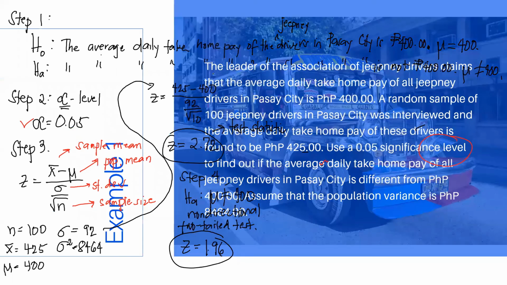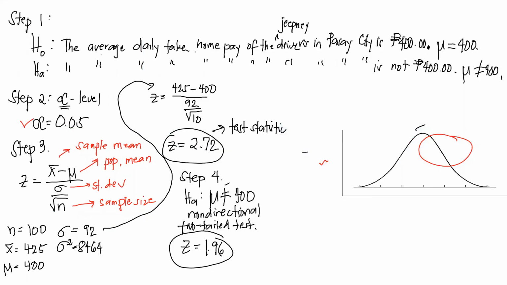We will graph these z-scores. So we have here a normal curve. Since we have here the critical value, remember it's two-tailed. If it's two-tailed, remember that our normal curve has two tails.